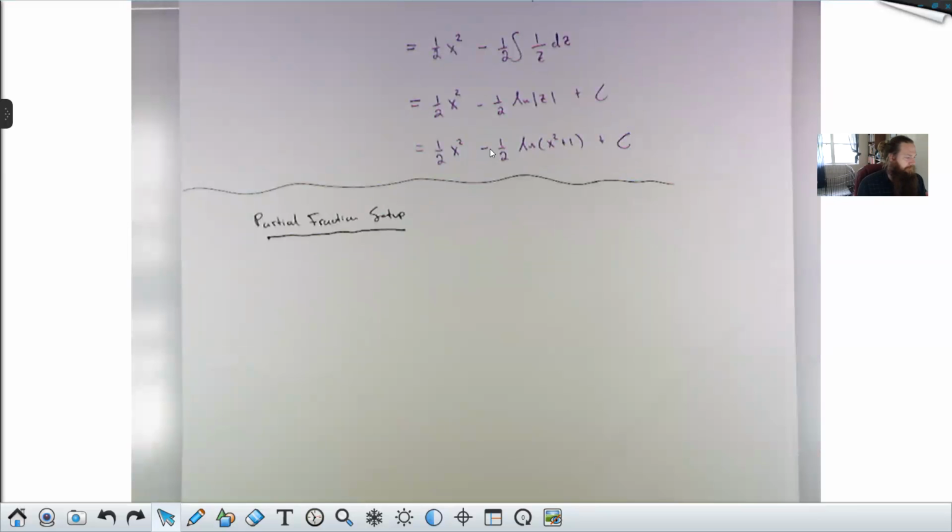This is where you assume that your function can be written as a sum of simpler functions of the form whatever. The way it works is that each factor of the denominator contributes a term to the partial fraction setup, or maybe multiple terms. Just like you have a trig sub Bible, there's a PFD setup Bible kind of thing. It goes like this.